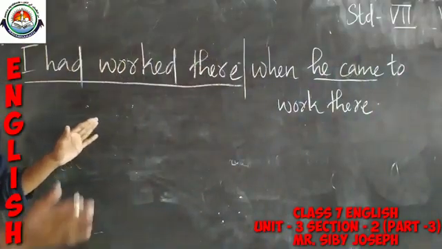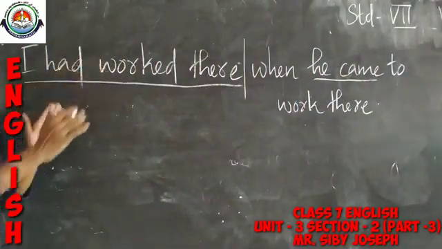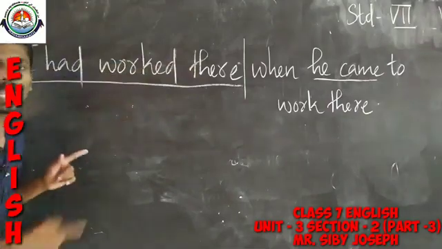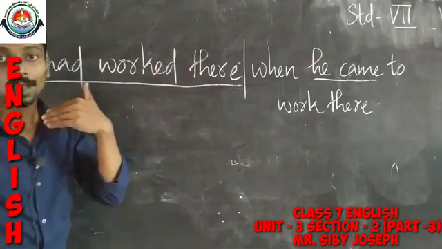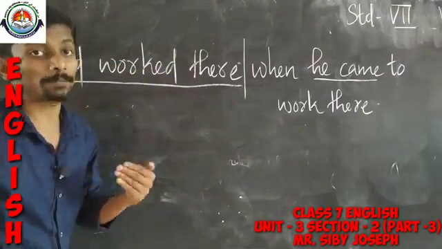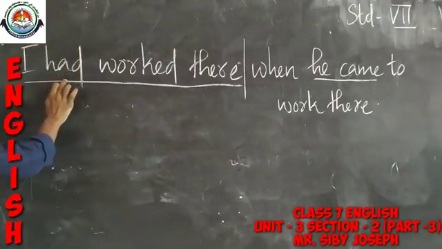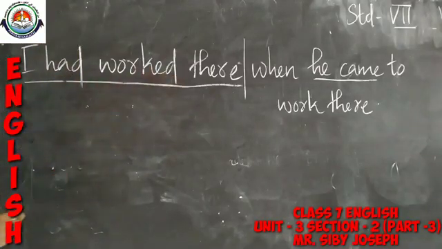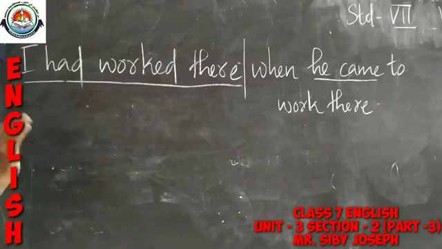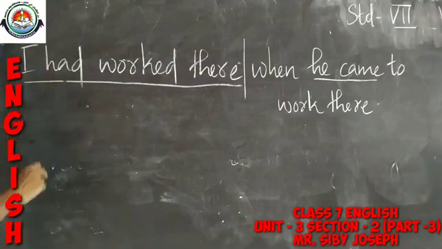Now let us come back to the first portion. This is our focal area. We are dealing with what? Past perfect. Now look at this sentence, I had walked there. Tell me, what is the structure of this sentence?